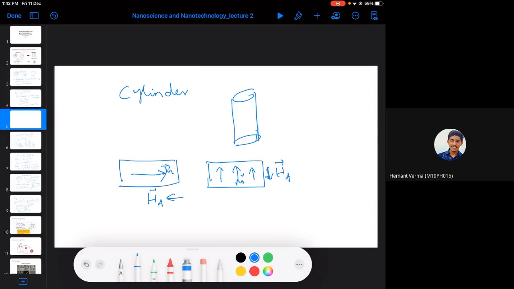As soon as you have this magnetic field Hd, it will create some magnetic poles on the surface. Here also you'll have magnetic poles.